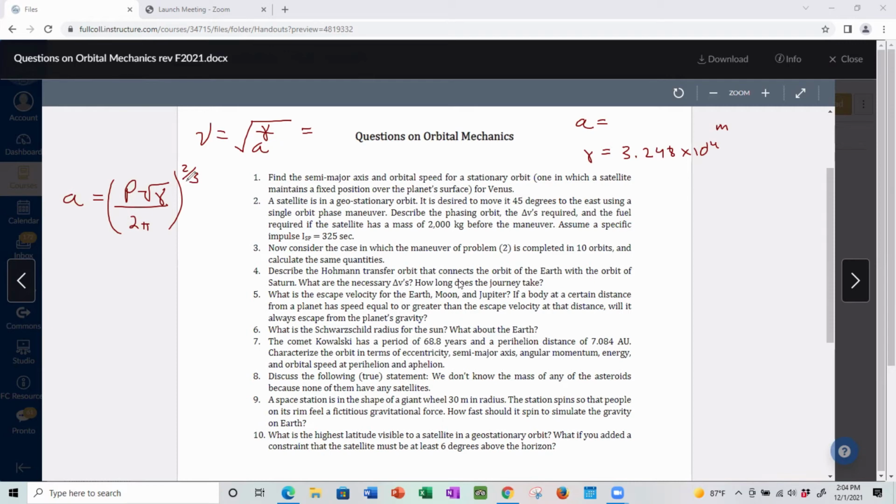Now I want to raise this not to the 3/2, but to the 2/3. So I'm sorry, I made a mistake. A is 1.537 times 10 to the 9 meters.